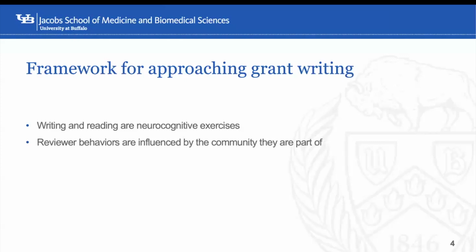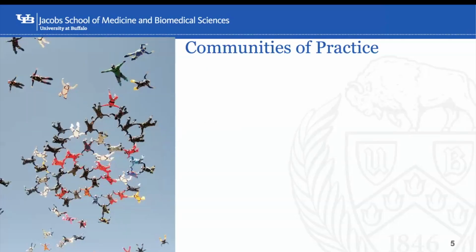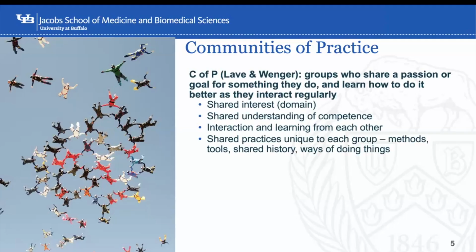Also, the other part of this framework is that reviewers' behavior is very influenced by the community that they're part of, right? And this brings us to a sociology concept, community of practice. This came from an anthropologist, Dr. Lave, and educational theorist, Etienne Wenger.